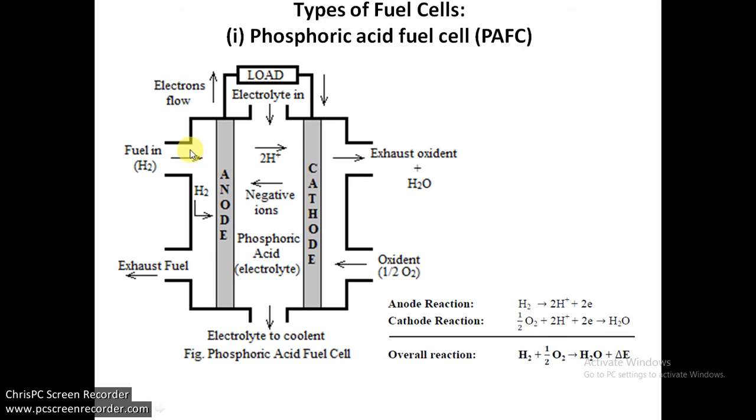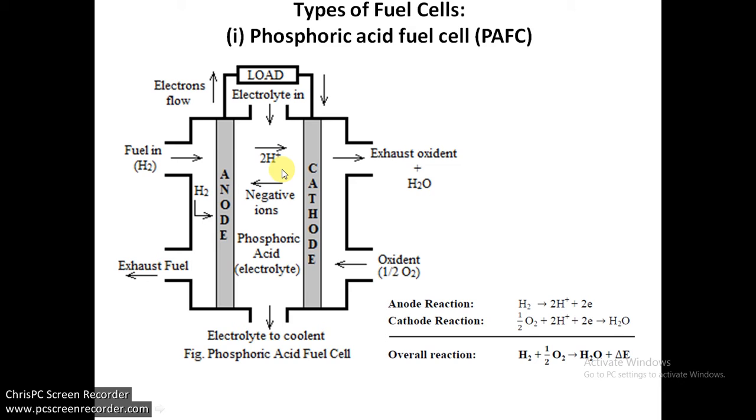Hydrogen we are taking from this point, and this electrolyte is capable of allowing movement of hydrogen ions from anode to cathode and negative ions from cathode to anode through it.